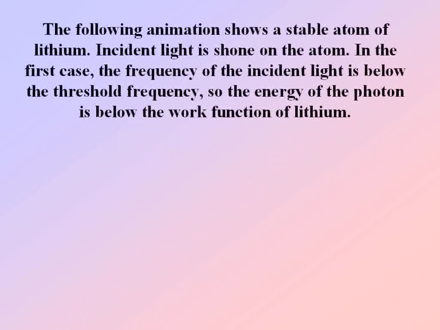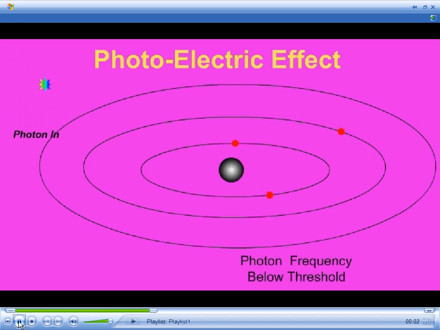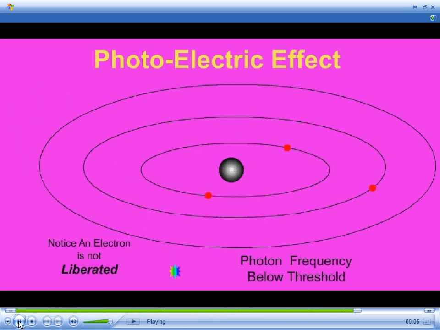At this point, we're going to show two short animations involving a lithium atom. We'll show the two inner electrons in the lowest energy level, and then there's a single electron in the outermost energy level. It's an easy atom to draw. We'll assume that it's a cathode and it's being struck by a photon of light.